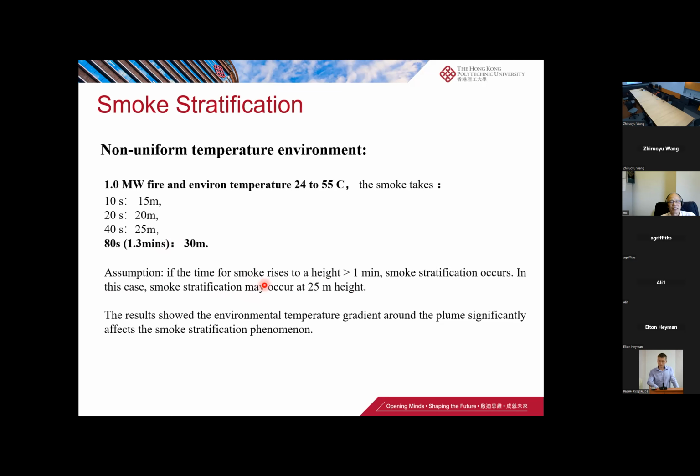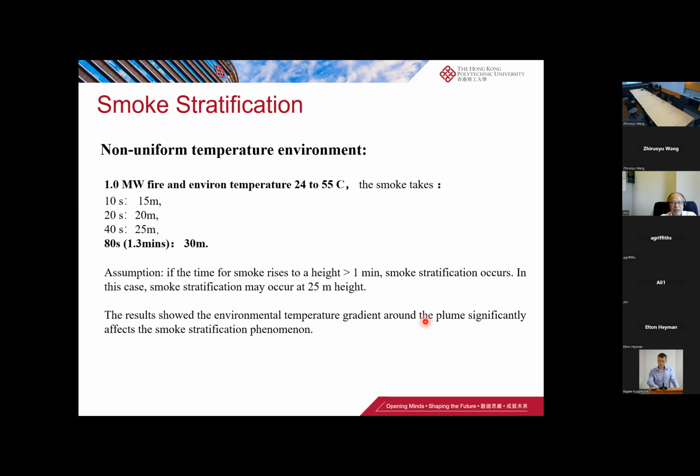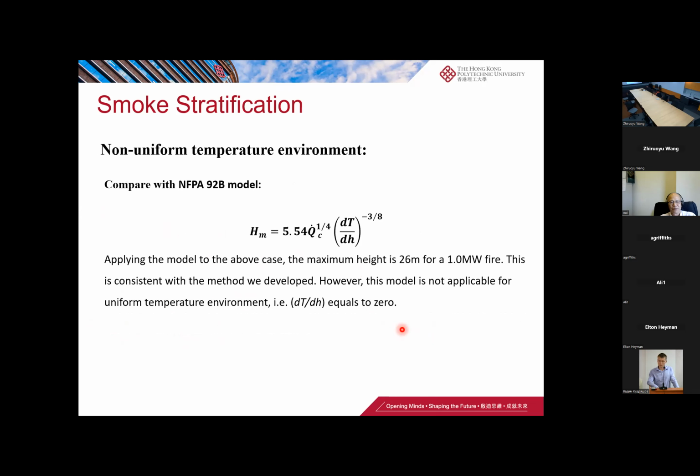Possibly the smoke will rise up to 25 meters in 1 minute if the fire is larger than 1 megawatt. So the results show the environmental temperature significantly affects the smoke rise up time. This is the assessment from here.